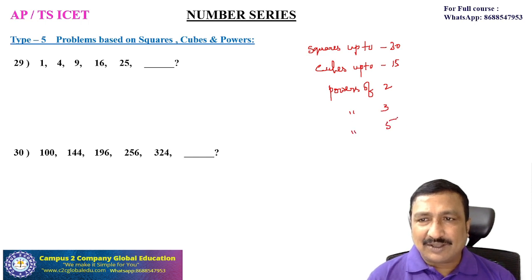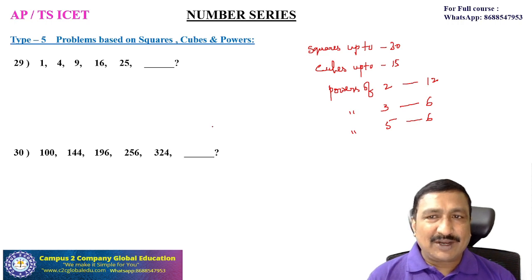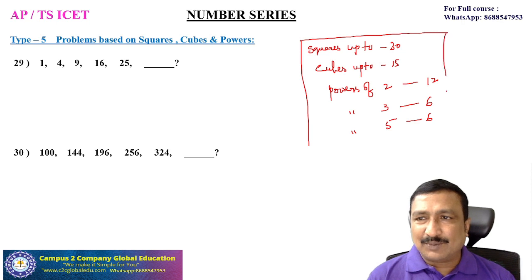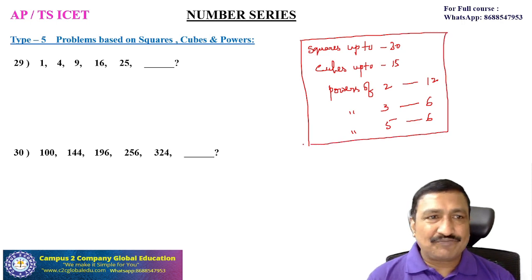Powers of 2 we should write up to 12, powers of 3 up to 6, powers of 5 up to 6. It's sufficient, right friends? So if you are thorough with all these basics, we can answer the number series questions very easily.